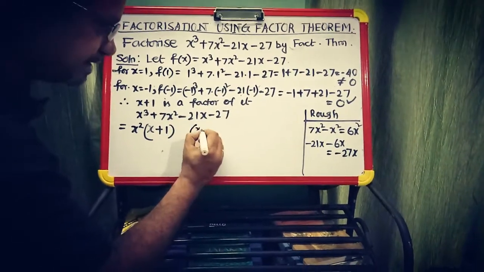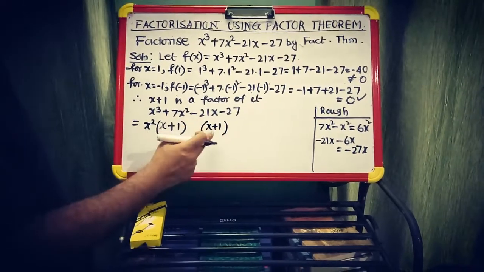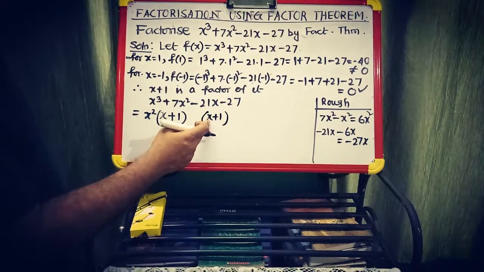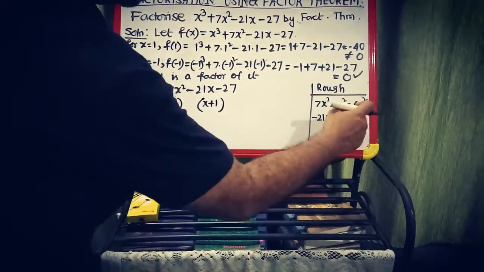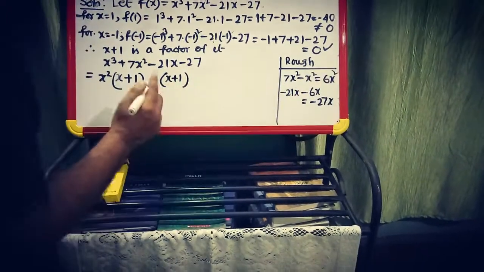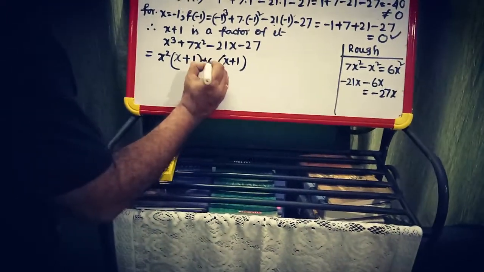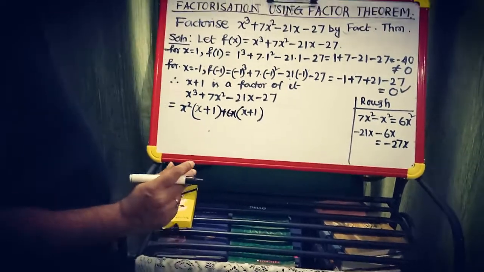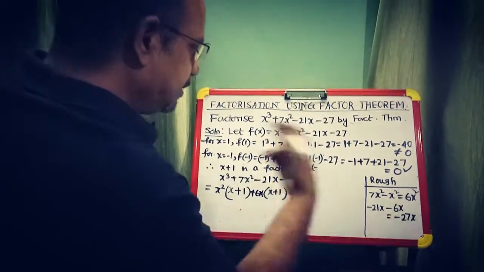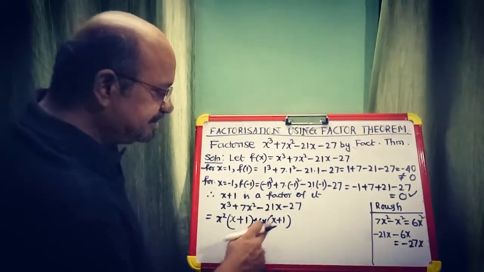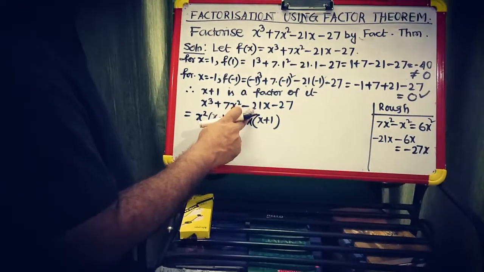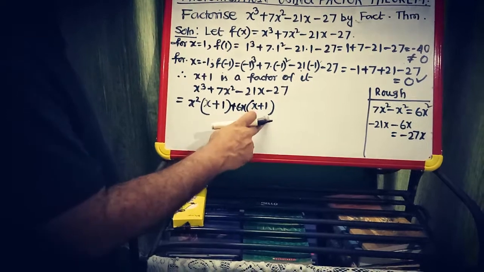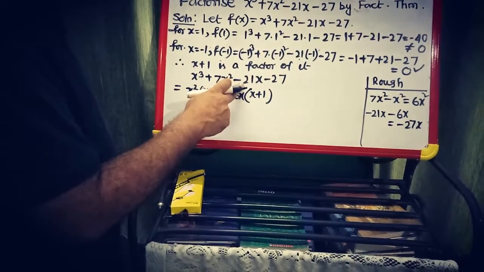Write x plus 1 again. With what will you multiply x in order to get positive 6x square? Obviously the answer is plus 6x. Now go on to the next term. 6x into 1 is 6x. You need minus 21x. You have got 6x, you need minus 21x.